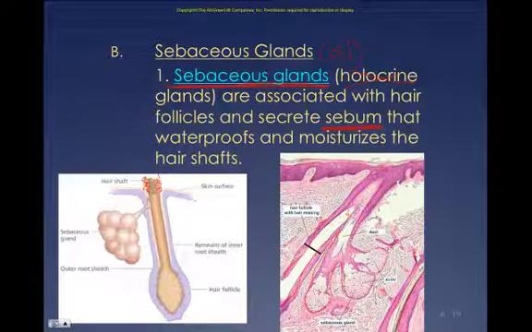Look at this big bubbly sebaceous gland, okay? And that sebaceous gland dumps right into that hair follicle just below the surface there. And it will secrete, again, these oils. That's what you're seeing some of here. These oils will actually coat the hair as it's pushed up above the surface.